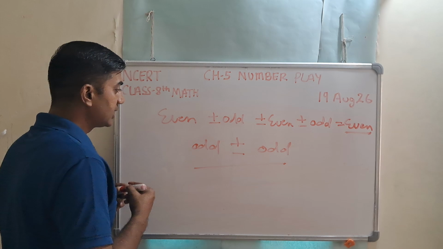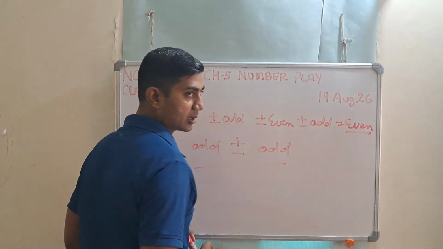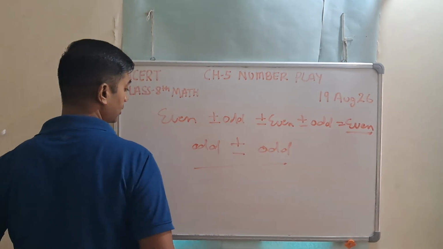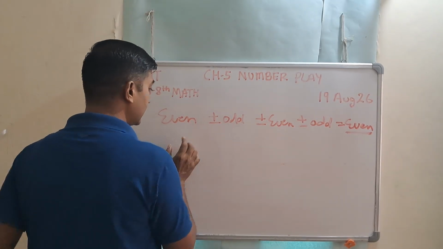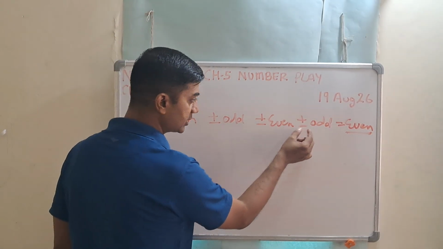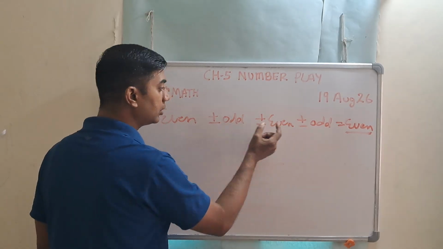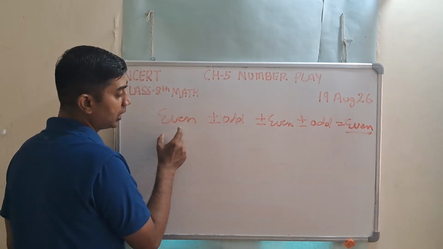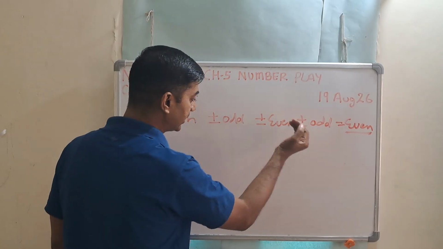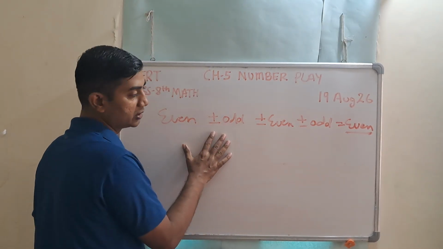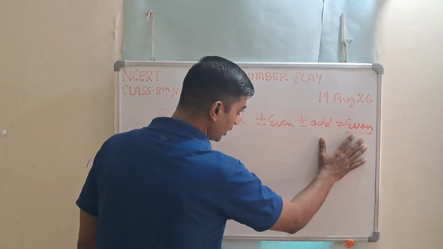In case of four numbers, now this is our final conclusion. In case of four different numbers, whether they are odd or even, and any mathematical operations of addition and subtraction are applied on them, you will always get the result even.